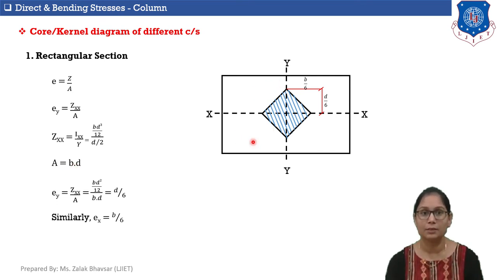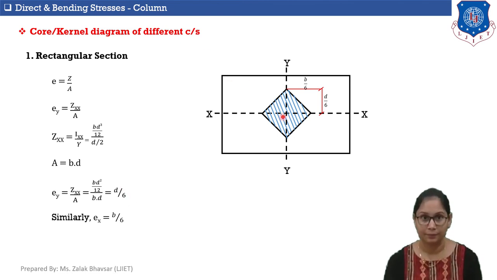Now the area of this rectangular section is B into D. So if we put ZXX and A in the equation of ey, then I will get ey is equal to ZXX upon A, where ZXX is equal to BD square by 6 and A is equal to B into D. So I get ey is equal to D by 6. It means the e limit in Y direction is D by 6.